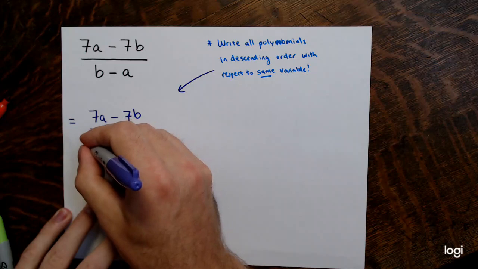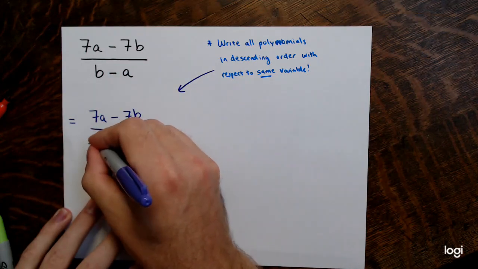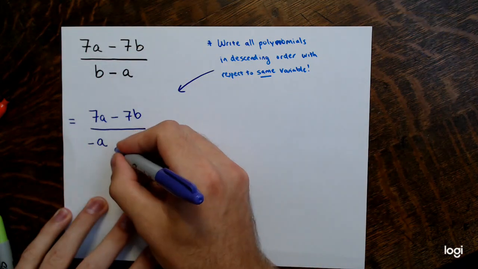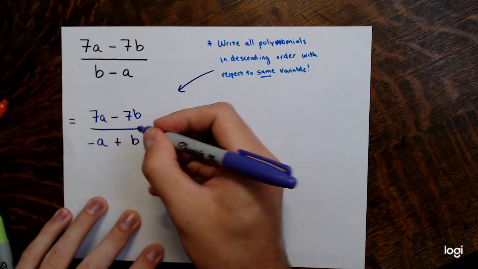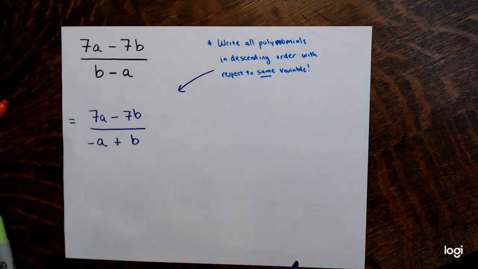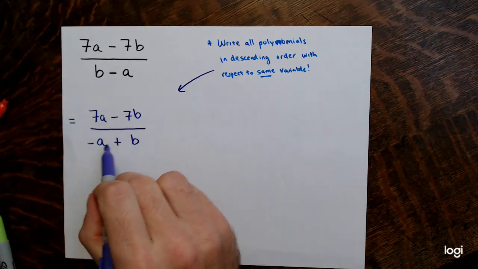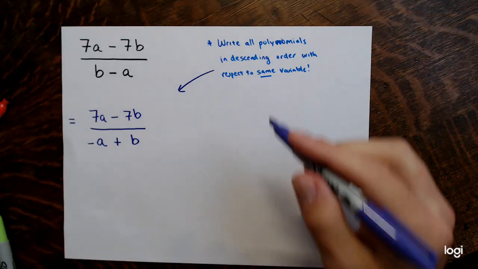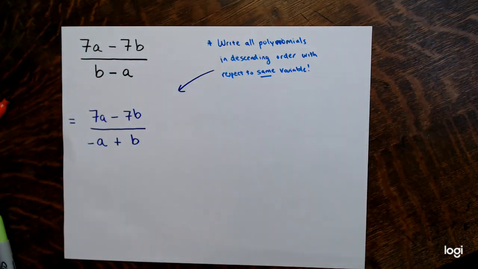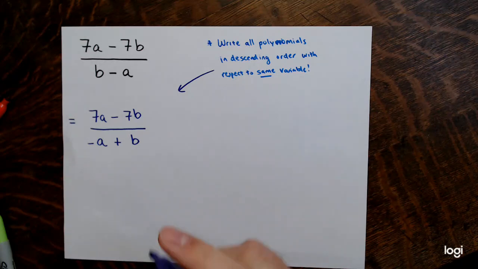So I'm going to put the a term first, negative a first, and then the positive b term, plus b. And that's descending in terms of a. So now all my polynomials are descending with respect to the same variable. I hope that makes sense. And then I'll go and factor and reduce.